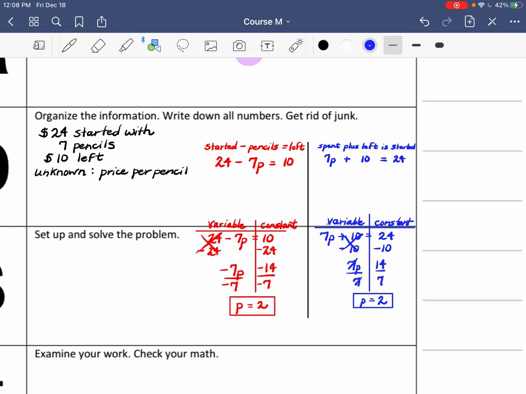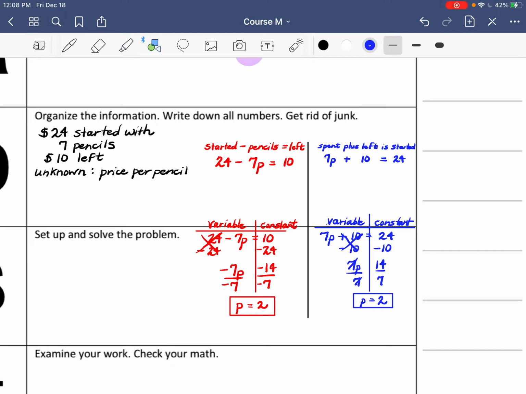That could happen. Does it match the units? Remember up here we know that we're looking for a dollar amount. Down here we found a dollar amount, so the units have to match. You always want to make that connection between that unit and this one. Does it match? If it doesn't, you've done something wrong.